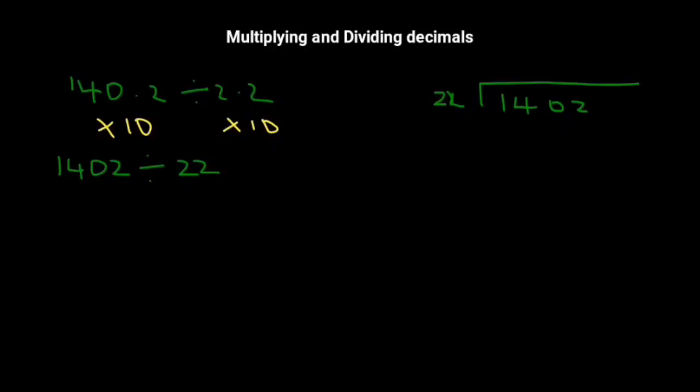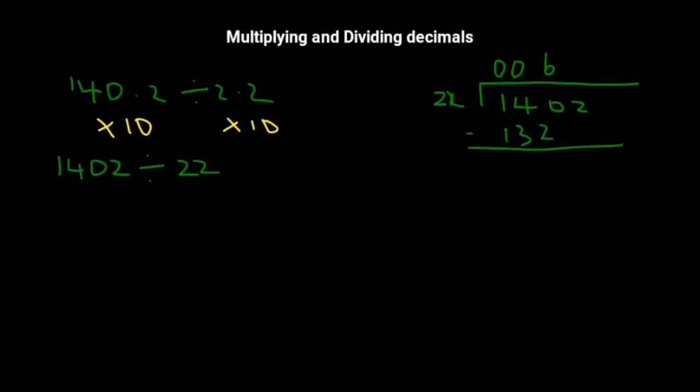So 22 into 1 cannot go, so that's a 0. 22 into 14 cannot go, so that's another 0. And then we have 22 into 140, and that goes 6 times. So 22 times 6 would give us 132. And we're going to subtract that.